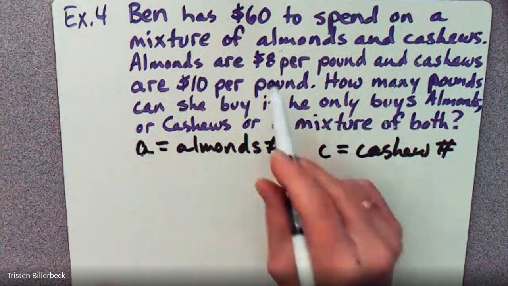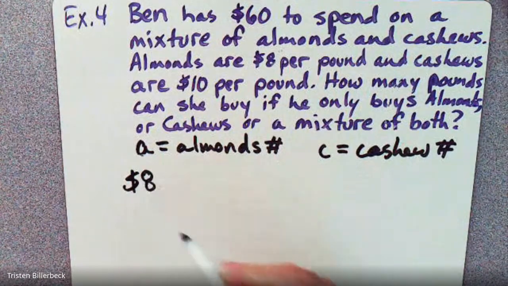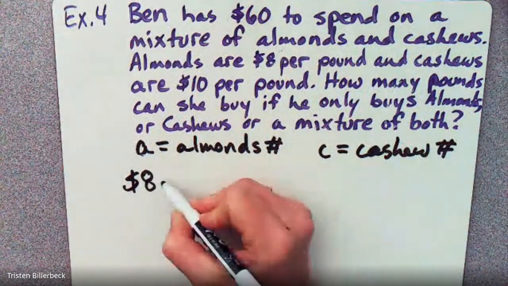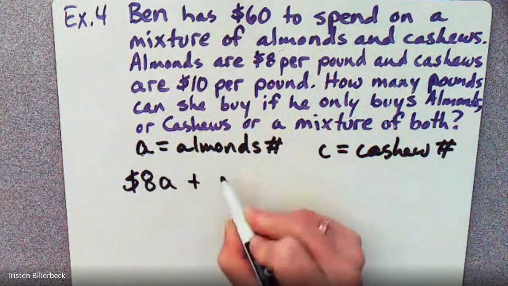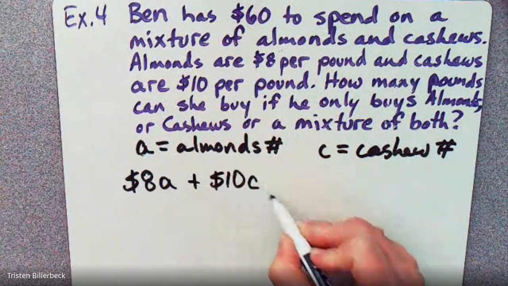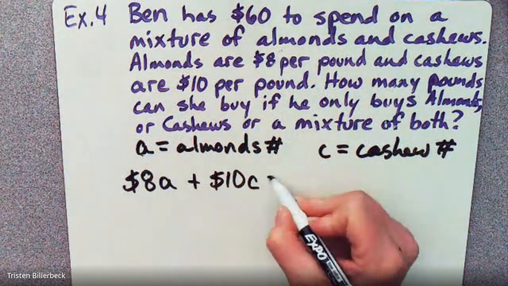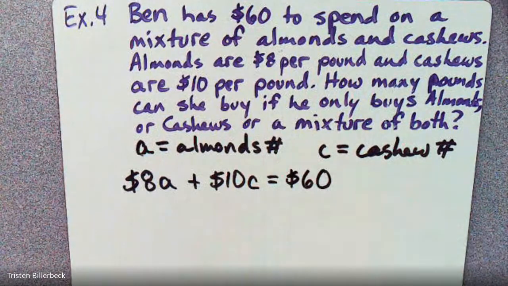Almonds are $8, so let's keep track of that. $8 a pound for almonds times the number of pounds of almonds, plus $10 a pound for cashews times the number of pounds of cashews, equals $60, because that's all we have to spend.